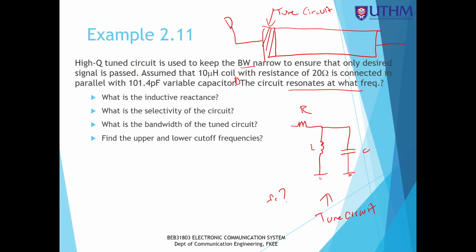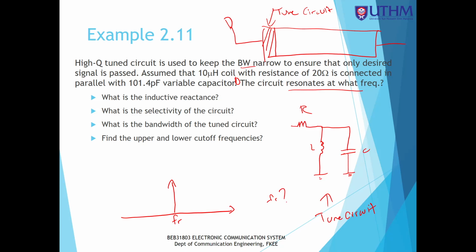So when you tune to that frequency, you are giving instruction to the tuned circuit: tuned circuit, please resonate at this frequency. So what happens to the spectrum? The tuned circuit will resonate at the given frequency that we tune.